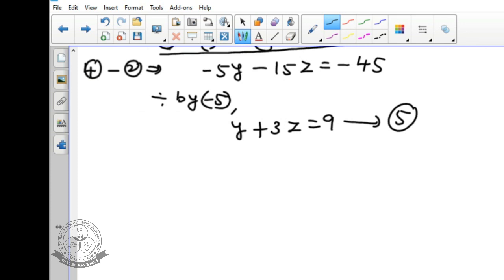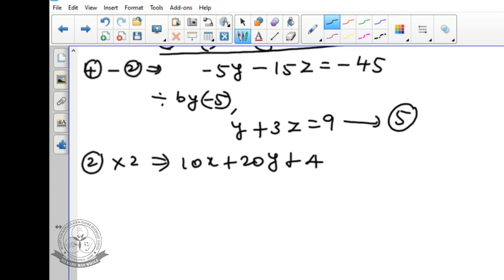Next, I am going to do another two equations. Here I am going to eliminate x again. So I have to multiply equation 2 with 2. So I get 10x plus 20y plus 40z equal to 210.